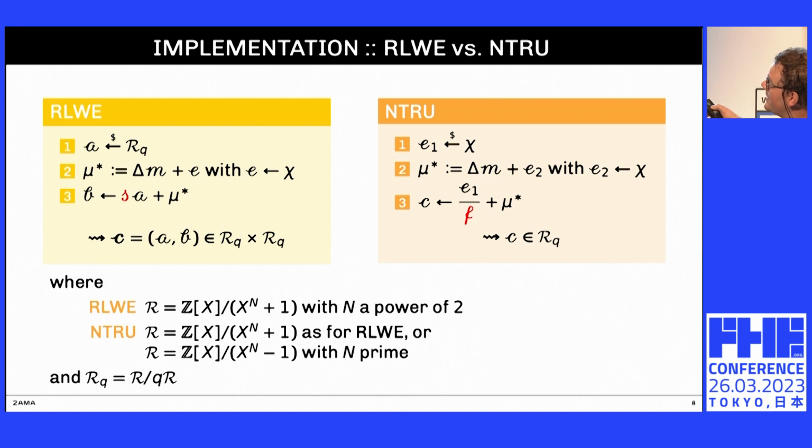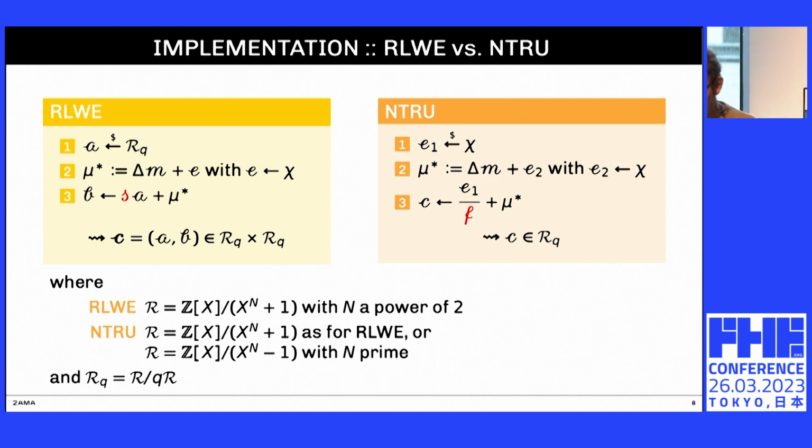And then you define the ciphertext as E1 over F plus that noisy plaintext. The difference between the two is that in this case, you need two polynomials to represent a ciphertext, and in this case, you just need one. So when you see that, you may say that I just have one component to represent the ciphertext, so maybe that will be useful and can give rise to some speed up.